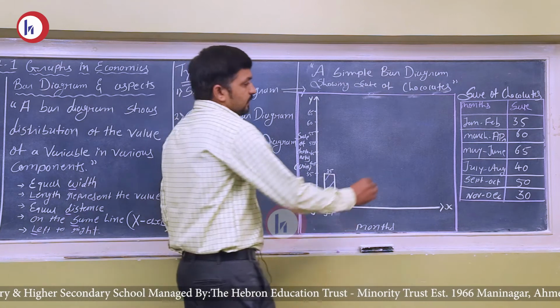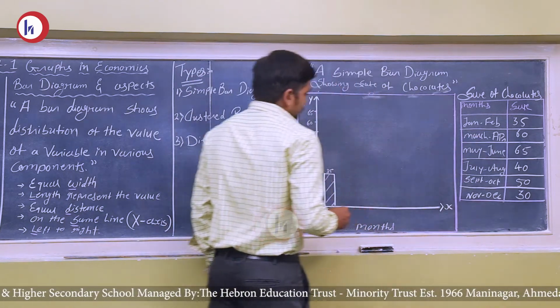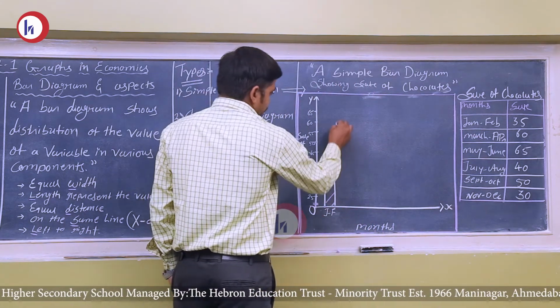Now, March to April, the sale of the chocolate is 60.